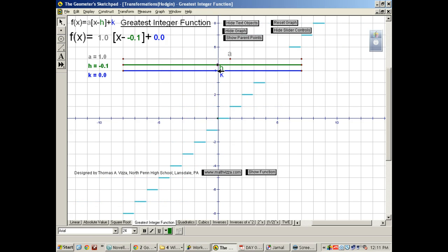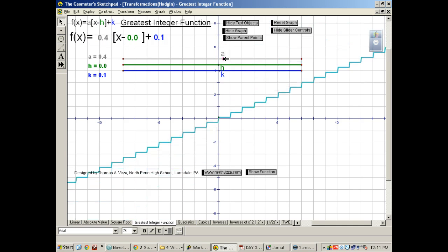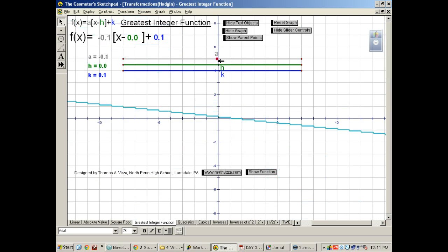I don't really have to regraph everything and see how this one looks if I just know what these numbers do to the graph. Once again, the y-intercept just moves up and down. And once again, if I change the number in front, what did that do to the graph? Made the steps bigger, okay, smaller. If I went negative, what happened? Went downstairs. Bigger, smaller, positive, negative.